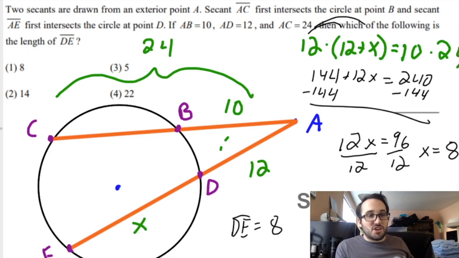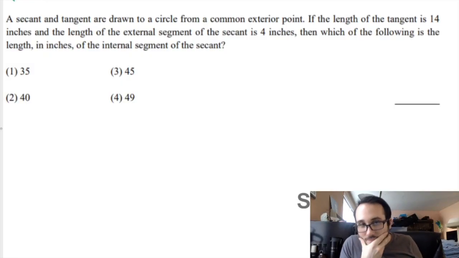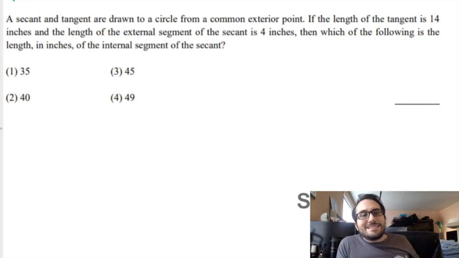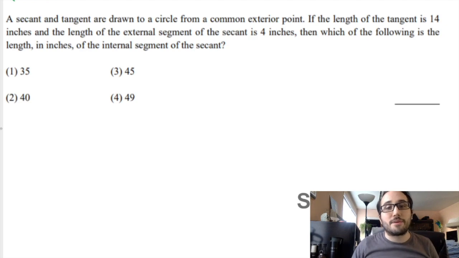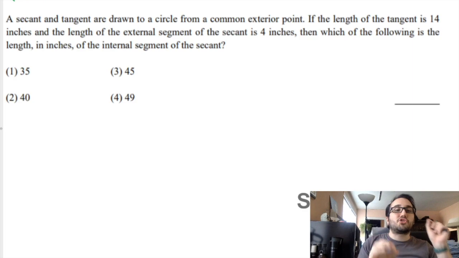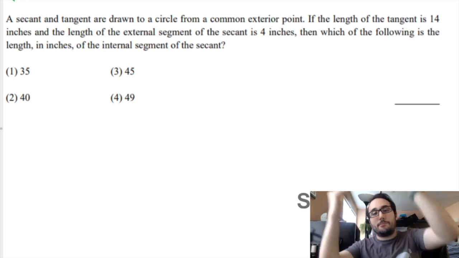Alright, so let's do the last question together. Okay, another question with no picture, so we might have to draw another picture. Secant and tangent are drawn to a circle from a common exterior point. Pause. Let's draw a circle. Let's draw a secant and a tangent meeting at some point.